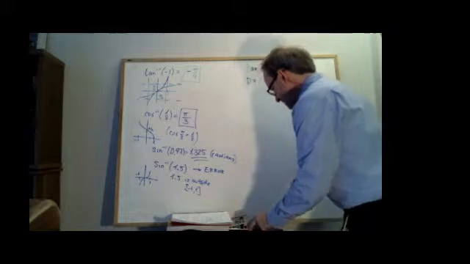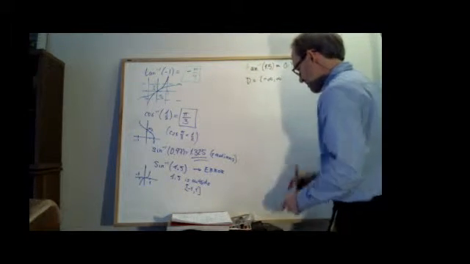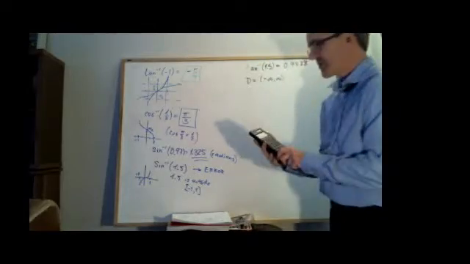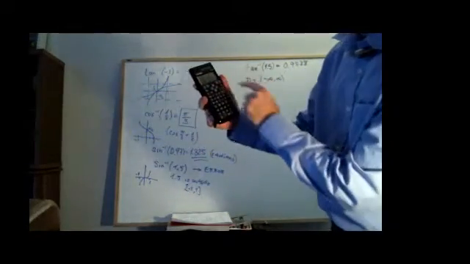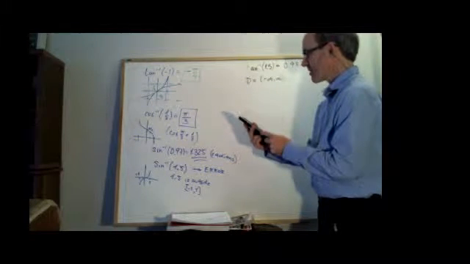And I should say something more here. What I've done is I've put my calculator into radian mode. I've shown that before, but it's hard to see, there's a little R there.